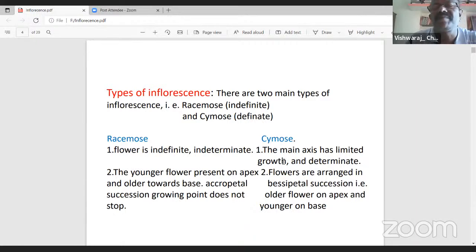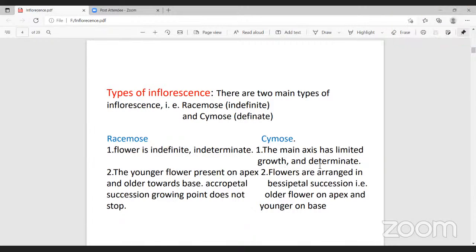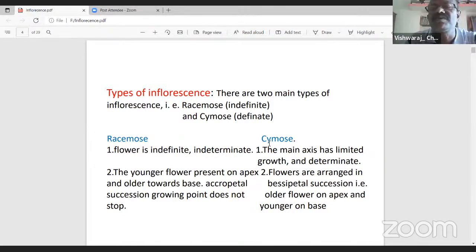Indefinite, indeterminate. In cymose inflorescence, the main axis has limited growth. Limited growth means we can determine how many flowers are produced in cymose, but in racemose we cannot determine it.